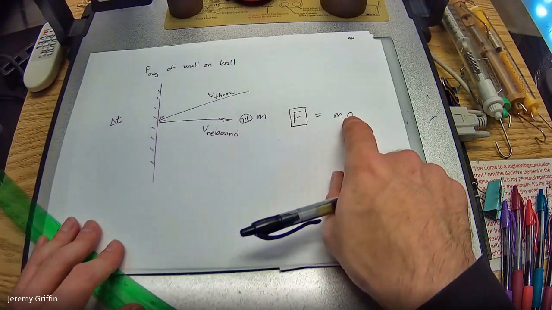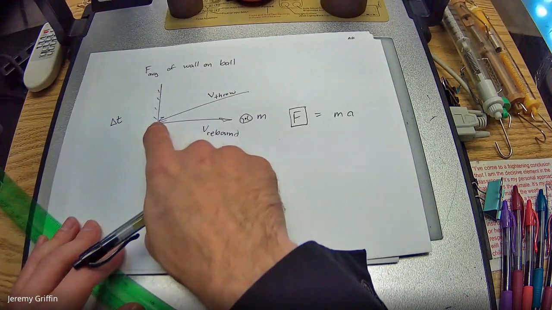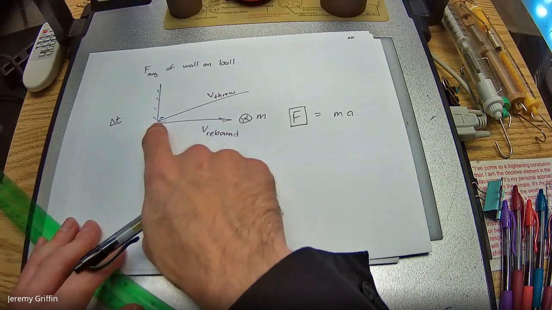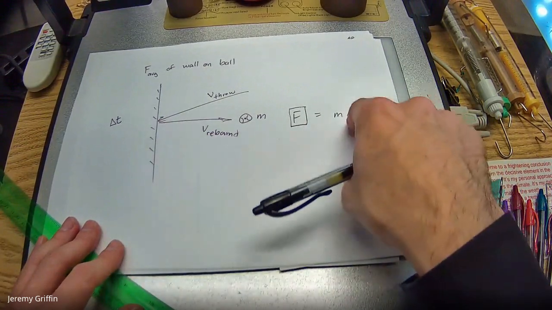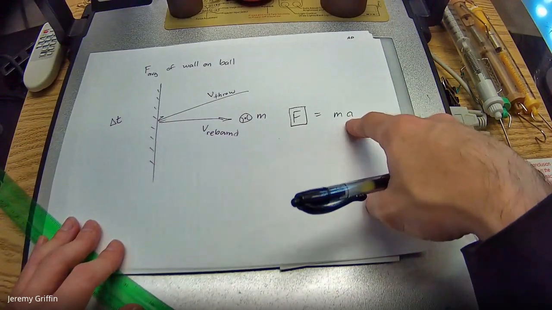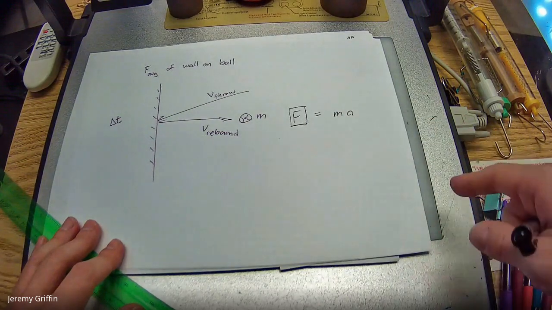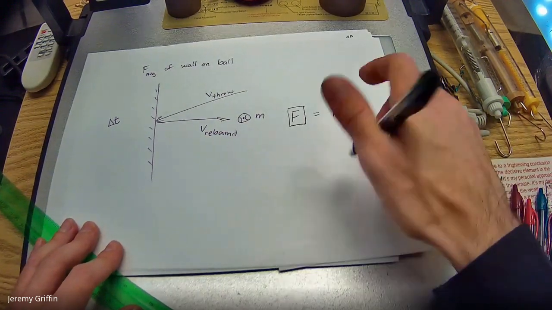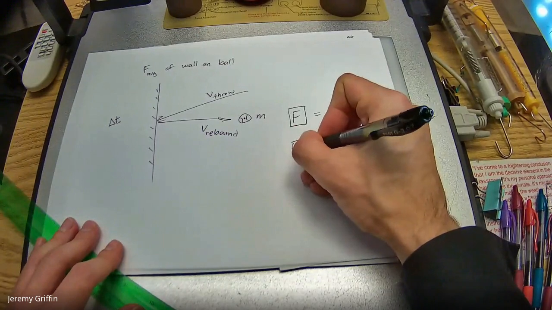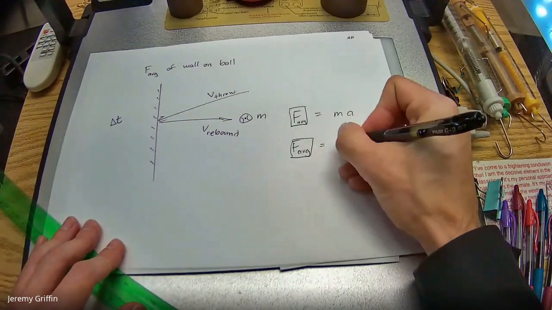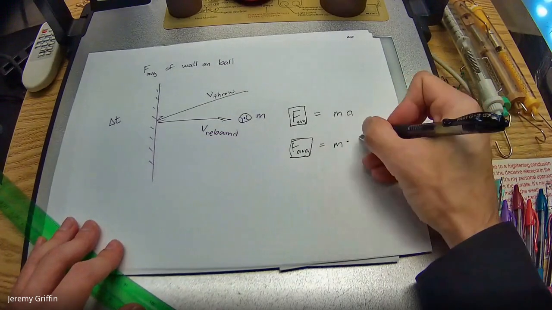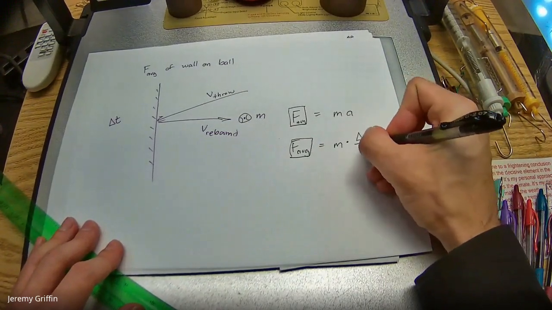Now, acceleration. Isn't that ball undergoing a huge acceleration at the point of the wall? It's changing its motion really dramatically, isn't it? So for that one, I'm going to go back and substitute the original definition of acceleration that I told you guys, which is a rate change of velocity. So the average force from the wall is equal to the mass of the ball times the rate change of its velocity, change of velocity per time interval.